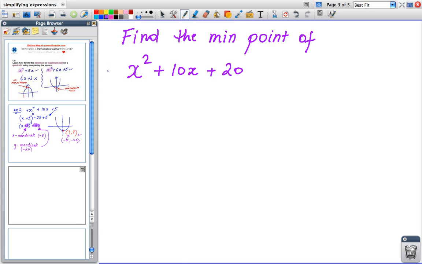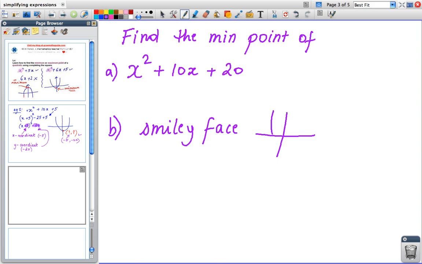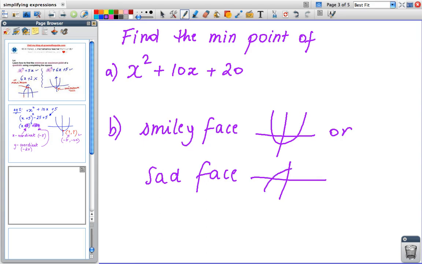That's part A. Part B, I want you to tell me whether it's a smiley face or a sad face. So is it something like that, or something like that? If you know, can you write down in the comments box below and explain to me why.